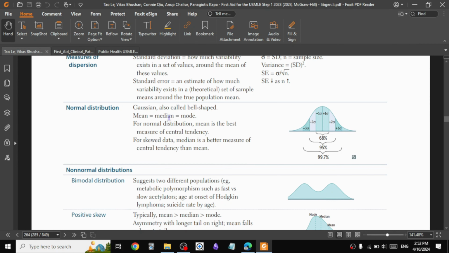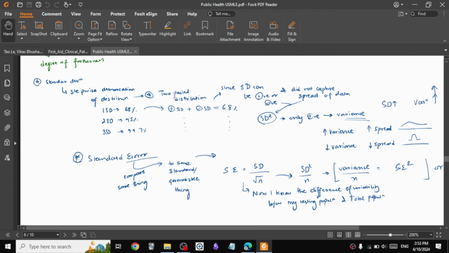So Gaussian is also bell shape, with mean, median, mode. For normal distribution, the mean is the best, and for skewed data, the median is better. They have asked questions on this, where you take 68% divided by 2 to get this half, or if you want this half, you subtract all of this and you get 99% of this. They've asked you a lot of questions in that sense.